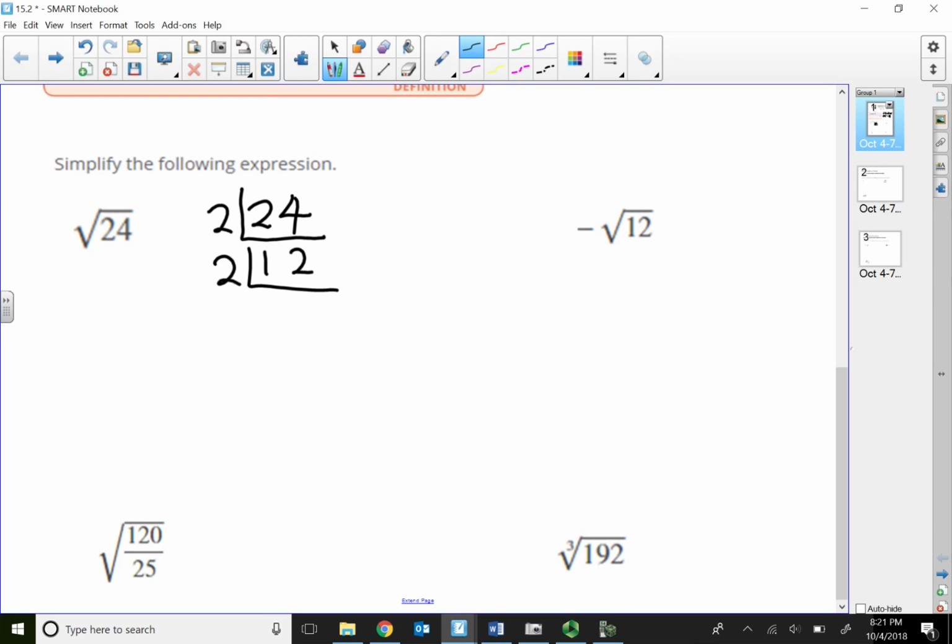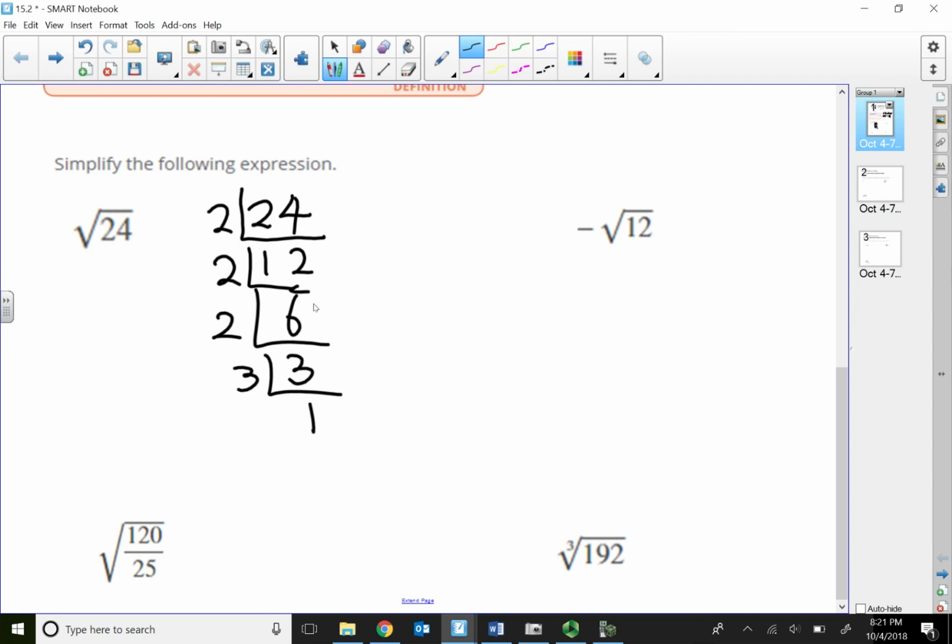I'm going to use 2 again. So 2 will go into 12, oh, excuse me, 6 times, sorry. Now let's break down the 6. 6 can be broken up using the prime number 2. 2 goes into 6 3 times, and 3 is a prime number. Only 3 can go into 3 one time.